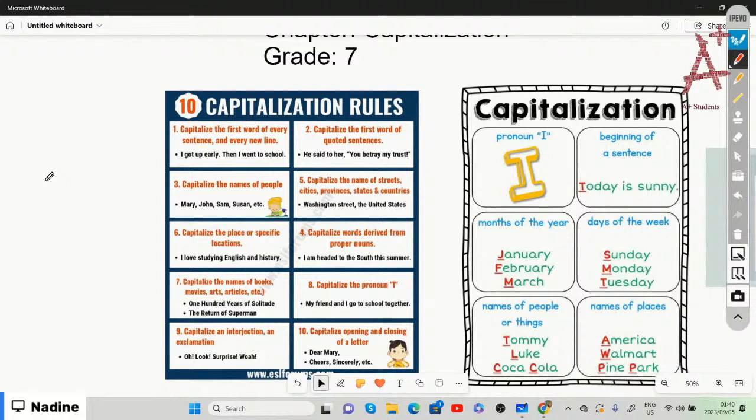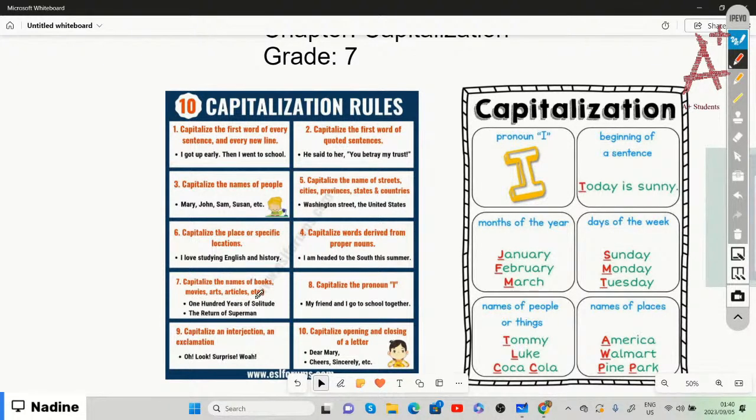We capitalize the names of people, names of pets, the names of streets, cities, provinces, states, countries, continents, places, or specific locations, right? Words derived from proper nouns, like, for example, even your directions: north, south, west, east.